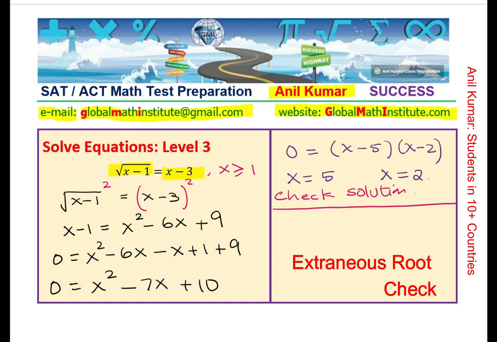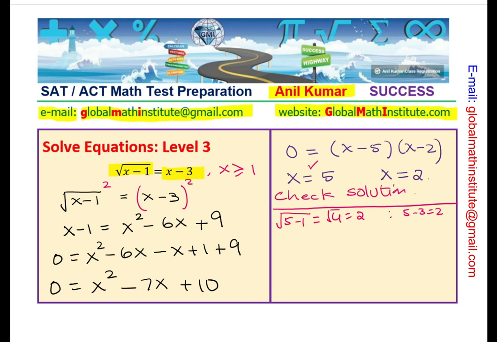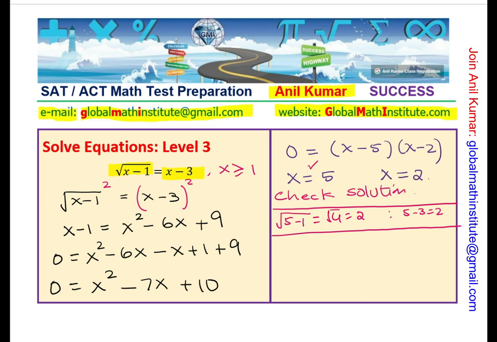Correct? So if I substitute 5, for example, then we have the square root of 5 minus 1, which is the square root of 4, which is 2. And on the right hand side, we have 5 minus 3, which is also 2. So that works for us, correct? Now let's put in 2. If I substitute 2, then what happens?